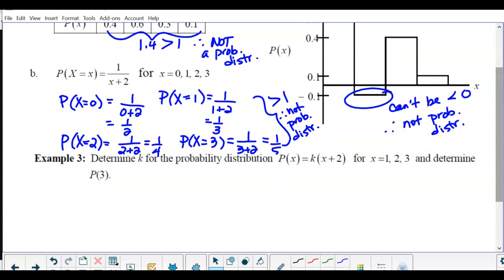Okay, now the next one says determine K for that probability distribution. So you are told that it is a probability distribution, and you need to figure out what K is, and then determine what K of 3 is. That means the sum of every probability for when x is 1, 2, and 3 has to equal 1.